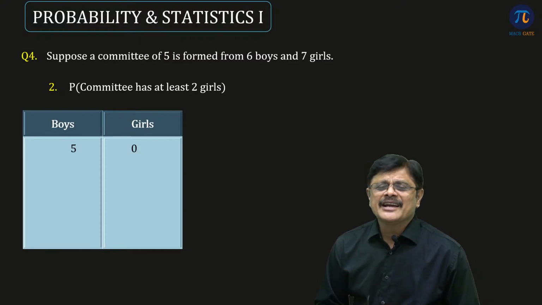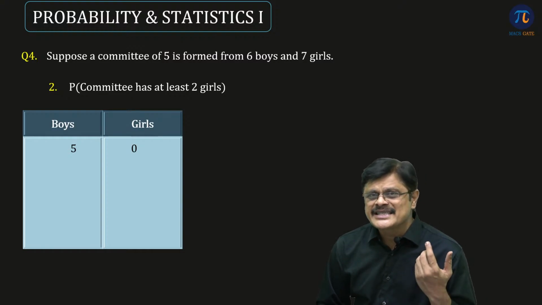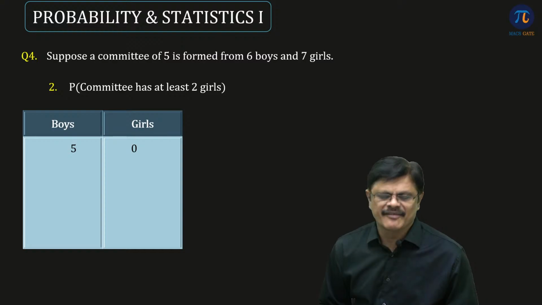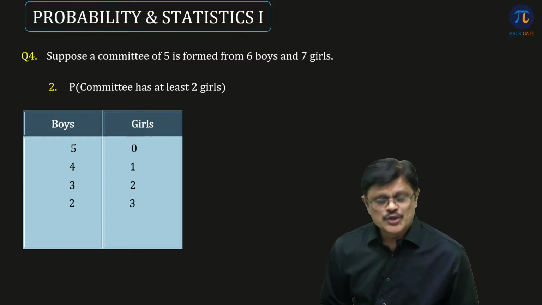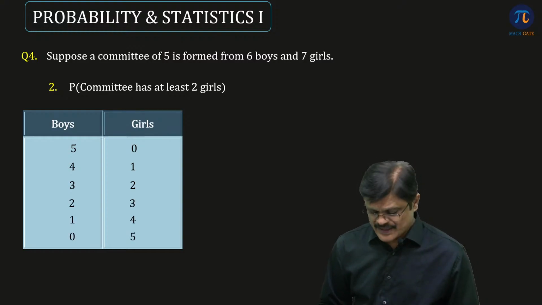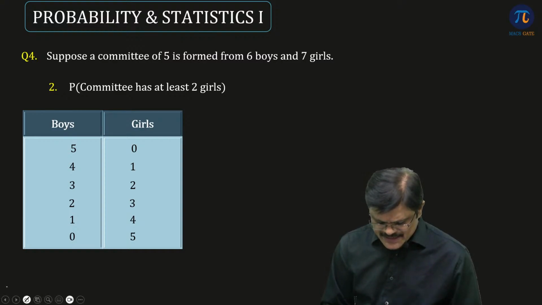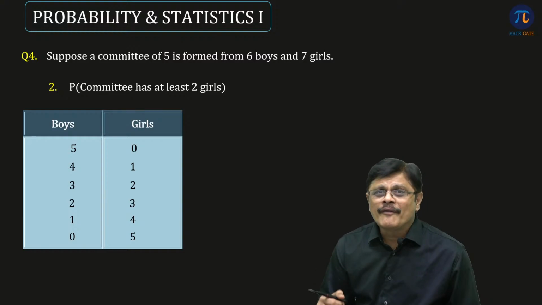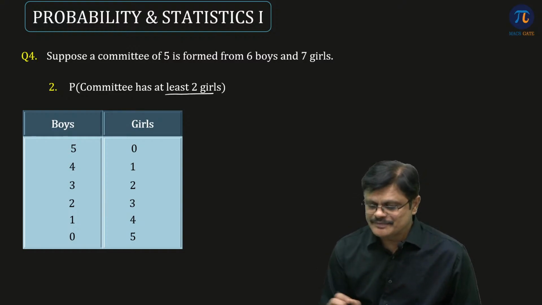So when you are selecting 5 committee members from 6 boys and 7 girls, these are the possibilities, my dear friends. You may select 5 boys and 0 girls, 4 boys and 1 girl, 3 and 2, 2 and 3, 1 and 4, 0 boys and 5 girls. Now out of this, which of the cases are favorable for your problem?